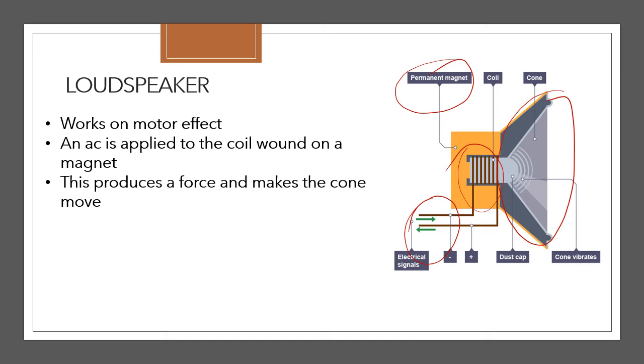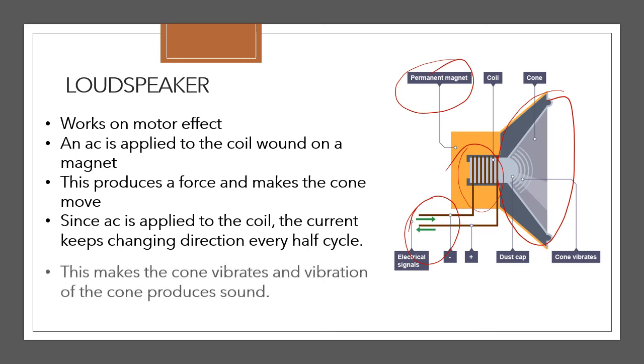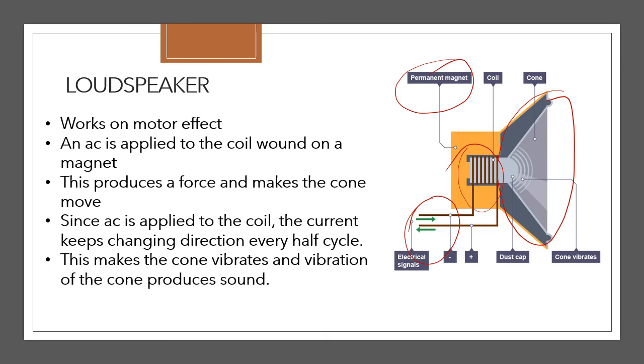The force produced makes the cone vibrate. And you have studied in your lower classes, how is sound produced? Sound is produced by the vibration of objects. So this vibration of the cone produces the sound. Now, the electrical signals we send are AC, so that is what makes the cone vibrate forwards and backwards.